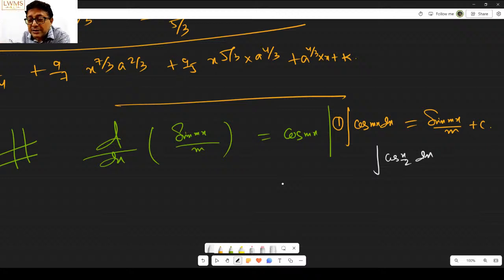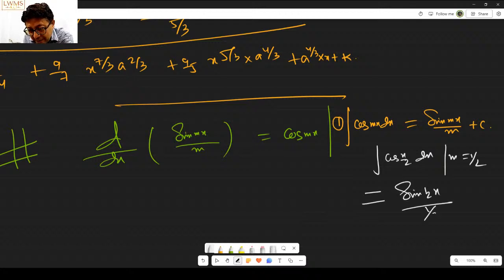So how do you integrate this? What is the value of m here? You observe first, m is going to be half. So the integration of this will be sin mx by m. This is 2 sin x by 2 plus c. Clear? If they have given cos x by 2 dx.